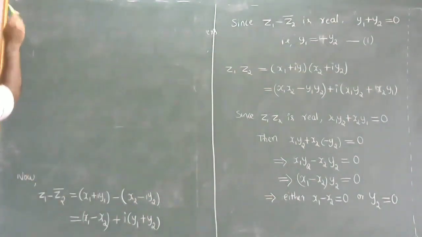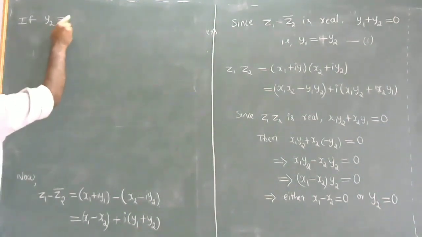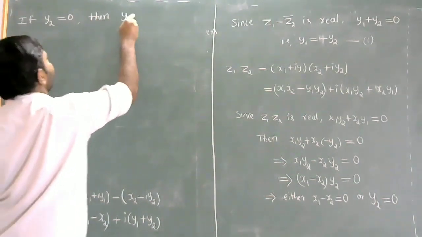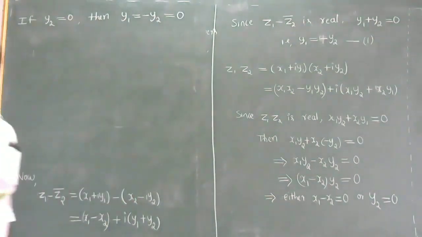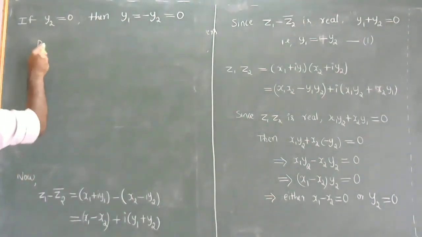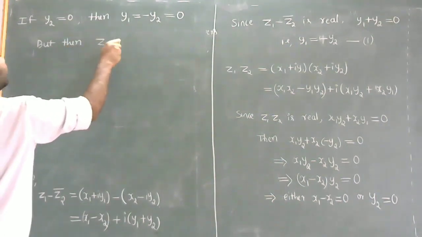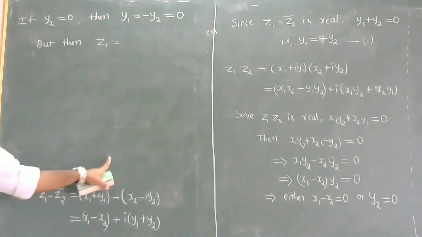Okay. Now, if y2 is equal to 0, then y1 is minus y2, which will also be equal to 0. But then, what is actually z1? z1 was x1 plus iy1.